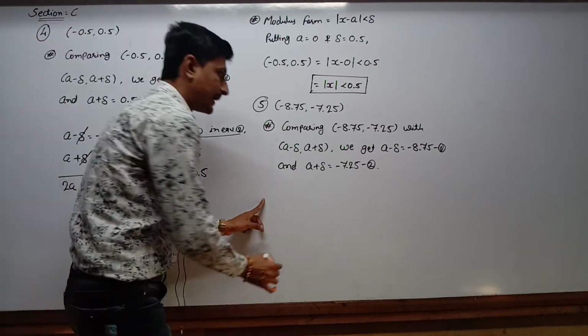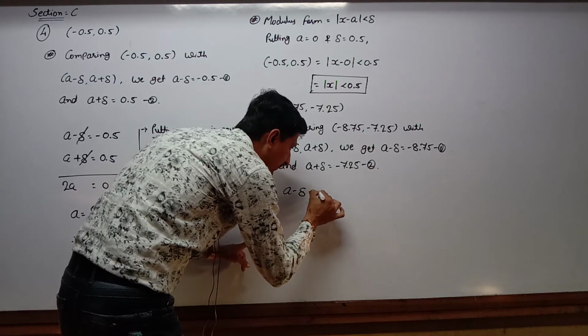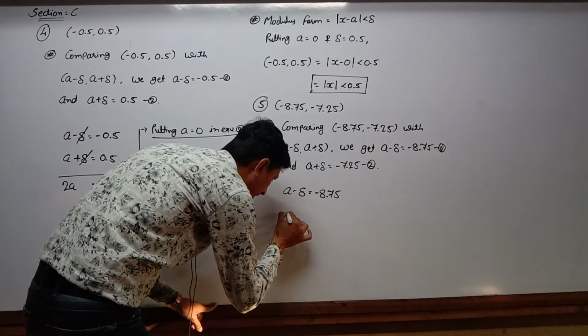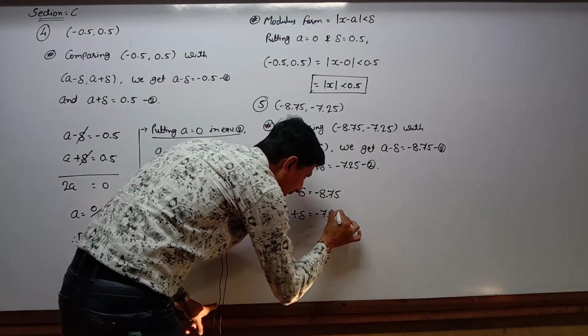Now next step, write both the equations for comparison. A minus delta is equal to minus 8.75 and now next step, a plus delta is equal to minus 7.25.